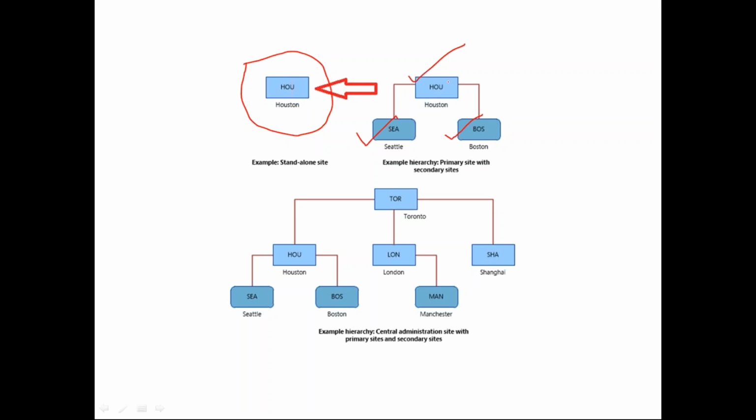So it is one primary site with a couple of secondary sites, and this is a standalone primary site. You don't have any site apart from this. In the lab we will be doing this one, but I'll also show you how to create a secondary site too. Is that clear?